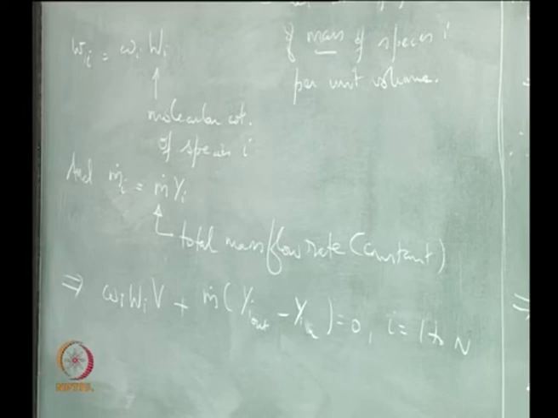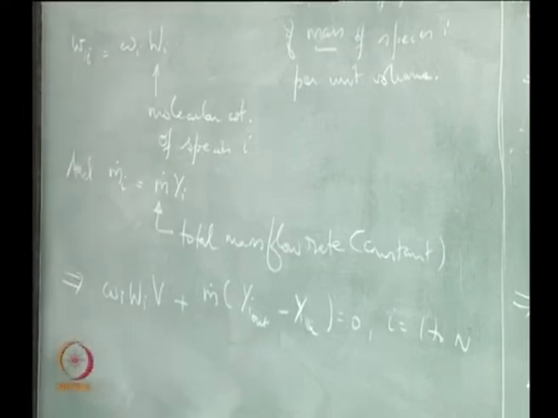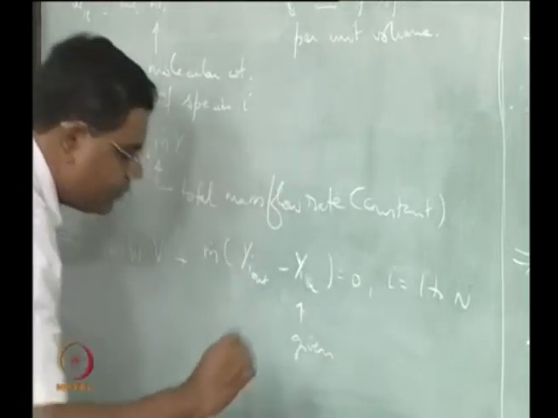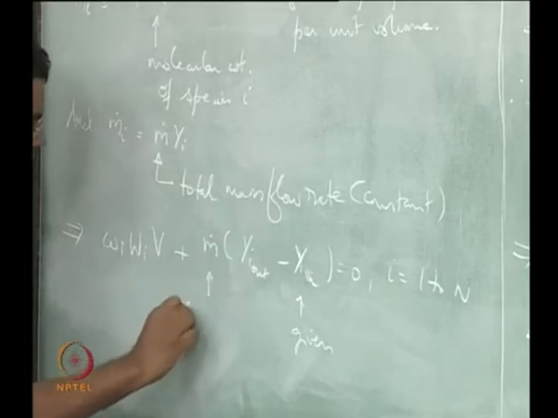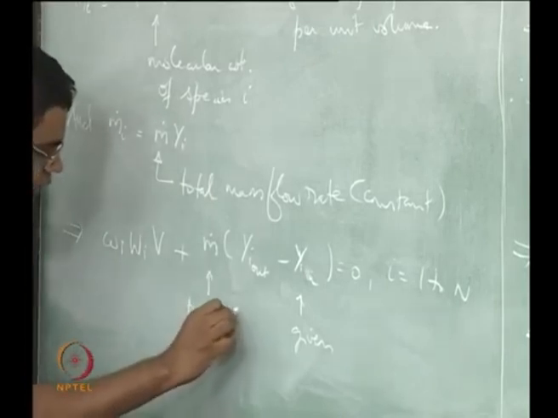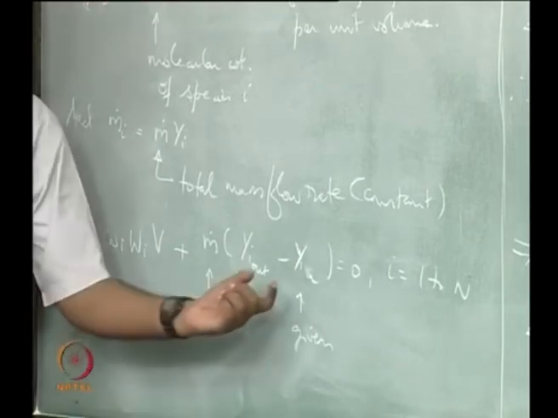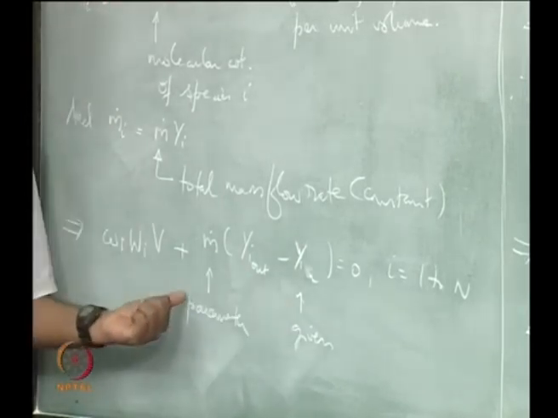Okay, now you could leave it as it is and then say this is given. Okay, this is a parameter. That means you can have a set of yi for any m dot.